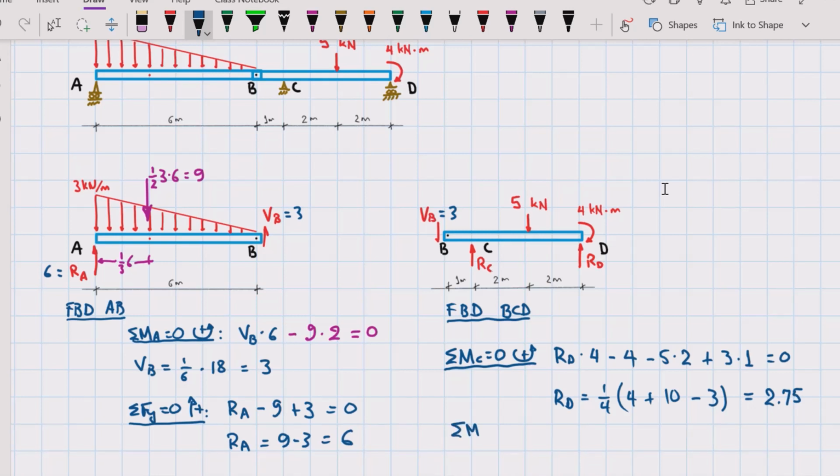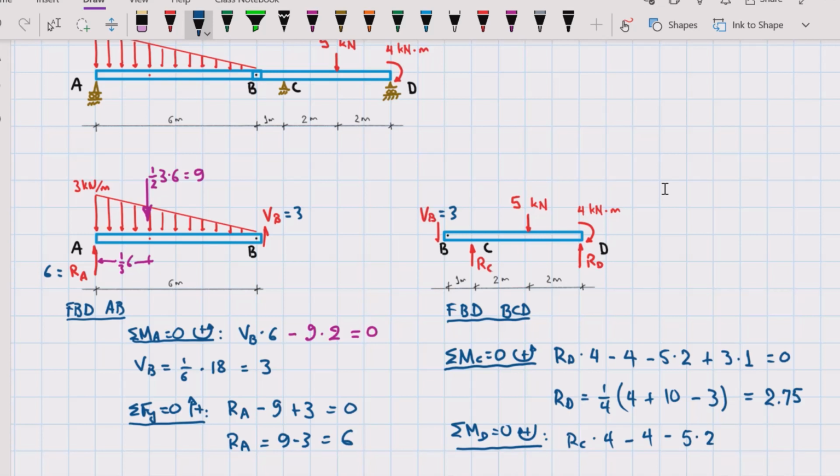Now, summation of moments about point D equal to 0, positive in this direction. RC times 4, minus 4, right? What else? Minus 5 times 2. And anything else?